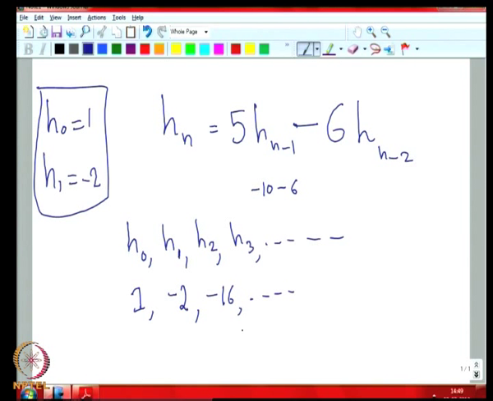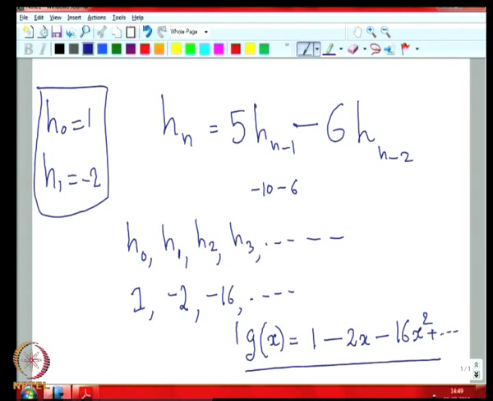We know that our generating function, if I write g of x, will be 1 minus 2x minus 16x square and so on. We want to find a closed form for g of x first. Once you get the closed form, we will try to get a general expression for the coefficient of x raised to n in it.